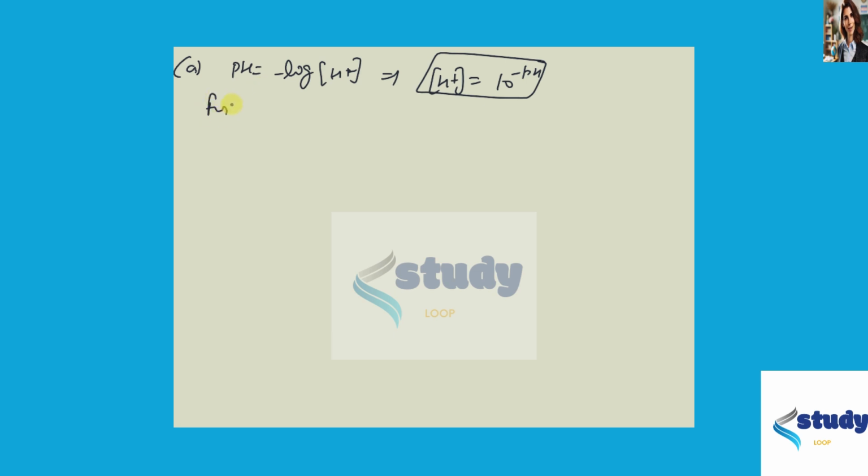So for the first solution, the concentration of H positive ions, the molarity comes out to be 10 raised to power minus pH. pH is given as 3.11, and when we solve it we get 0.00077 molar.